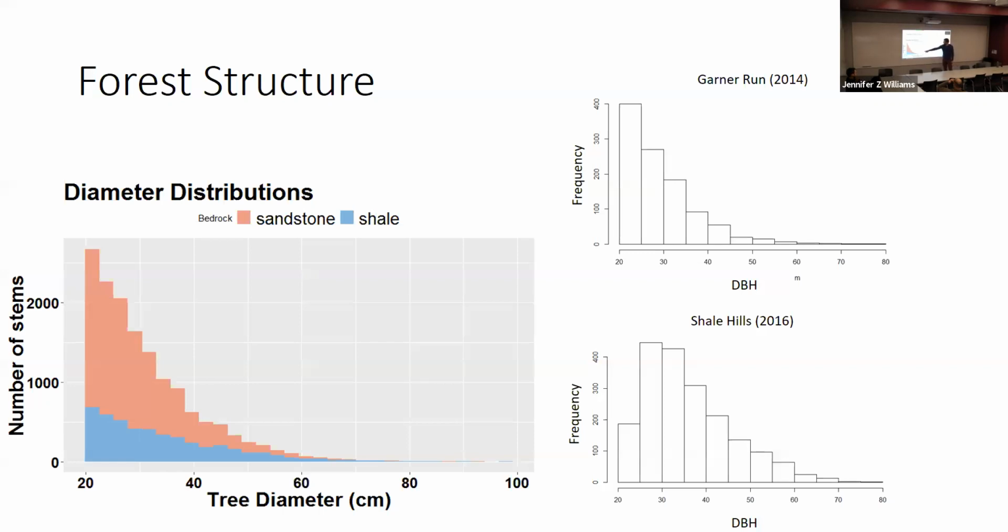That's the same reverse J-shaped distribution for all stems on shale and all sites on sandstone. And this is a relic of the fact that there's more plots on sandstone, but also that there's a higher density of trees. So if you took stands in that 80 to 120 year age class, is this the plot you'd see? Yes.